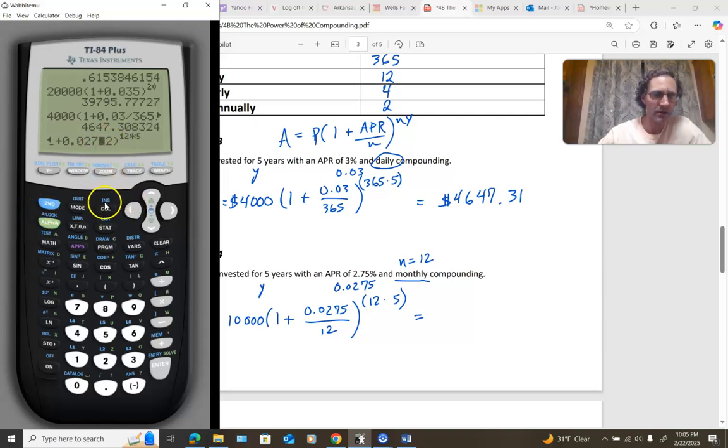So the insert key is right here, but you have to hit second first, and then hit a 5. Okay. Well, I need to insert again though, because I'm leaving out my. Oops. I need to insert the division, and then I need a 1. There we go. Okay. I think I got everything set up.